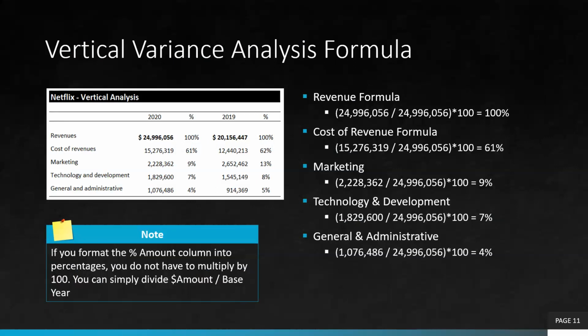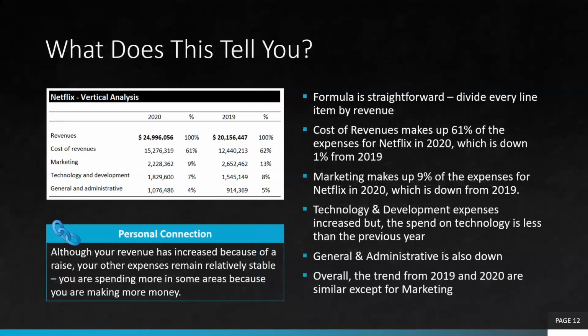So in 2019, cost of revenues was 62%, versus in 2020, it was 61%, and marketing was at 13% in 2019, and now it's at 9%. And you can see that the numbers are higher for 2019 than they are in 2020. And of course, this is due to the fact that their revenues have increased greatly. And this is everything that we just went through.